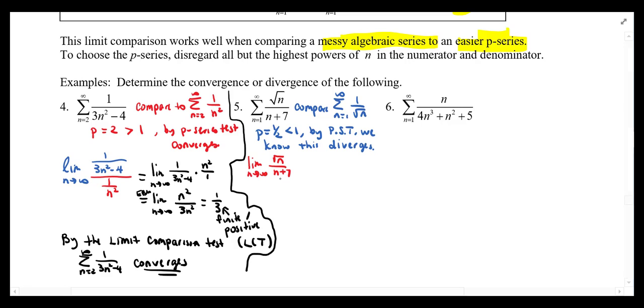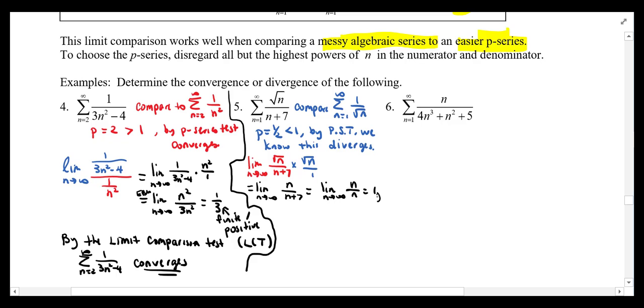And by the way, instead of dividing by 1 over root n, can I just quickly rewrite this as multiply by, what would that be? Yeah, root n over 1. This makes life a little bit easier. We know that this then becomes the limit as n approaches infinity of n over n plus 7, which if I take the n behavior is just n over n, which equals 1.